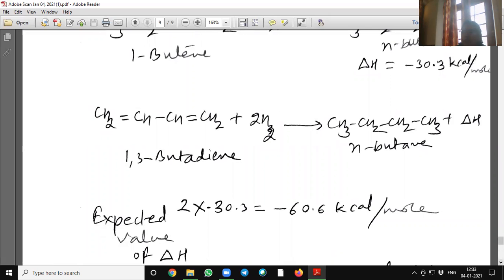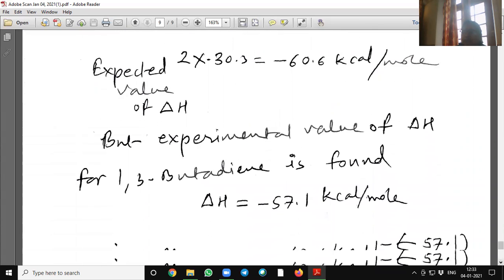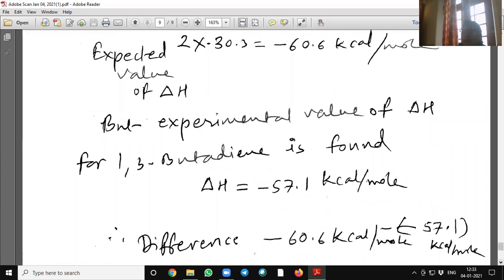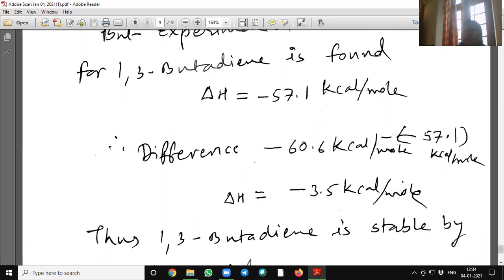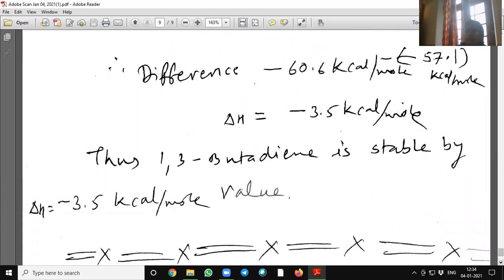But the actual heat of hydrogenation of 1,3-butadiene is practically found to be 57.1 kilocalorie per mole. So there is a difference of minus 3.5 kilocalorie per mole. So we can see that 1,3-butadiene is stable by 3.5 kilocalorie per mole energy. So 1,3-butadiene is more stable compared to isolated diene and cumulated diene. Thank you very much for today's lecture.